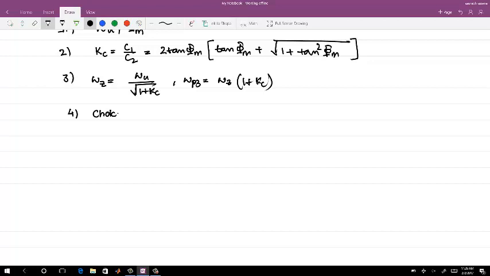There will be a trade-off: if you choose a lower phi m, stability is the issue, and if you choose a larger phi m, there will be a trade-off in terms of noise and in terms of capacitor area. So you will see those trade-offs.